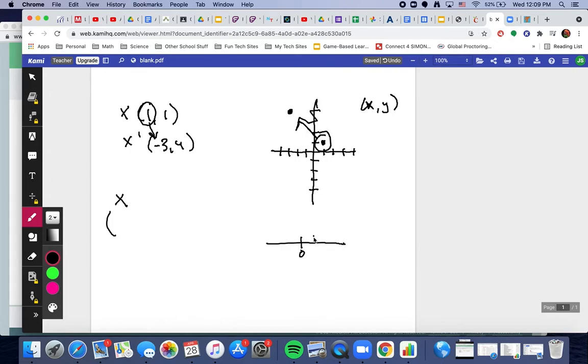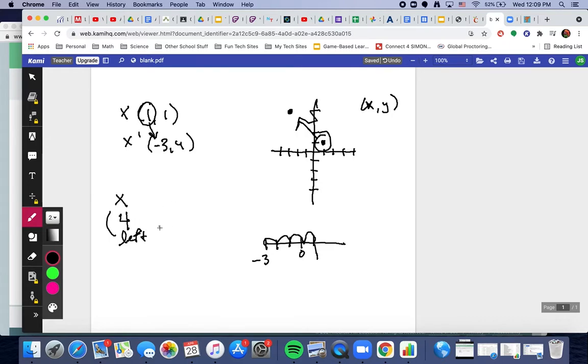You're at 0, you're at 1, and you know that you want to go to -3. Well, how many units are you moving? Going from 1 to 0 would be 1, then 2, 3, 4. You're going 4 units. So I'm going to say I'm going 4 to the left.